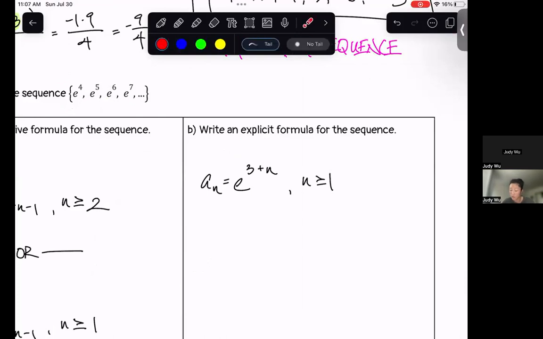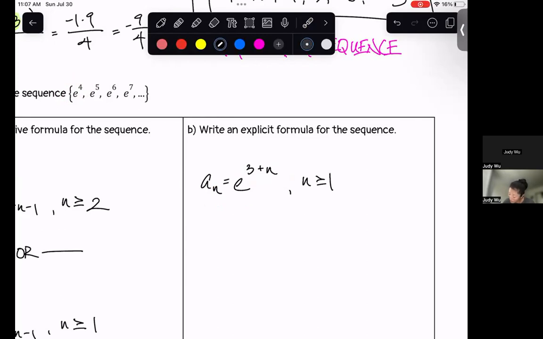So let's see if that works. If I plug in 1 for n, I get e to the 4th. That's my first term. If I plug in 2 for n, I get e to the 5th, which is my second term. Okay, so this formula is totally fine.